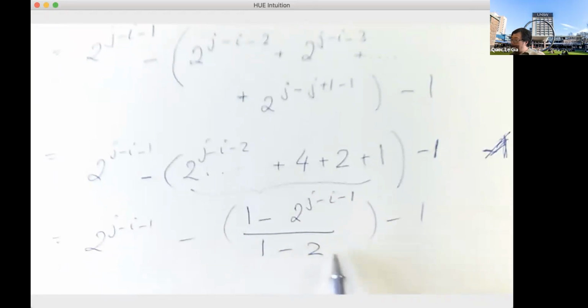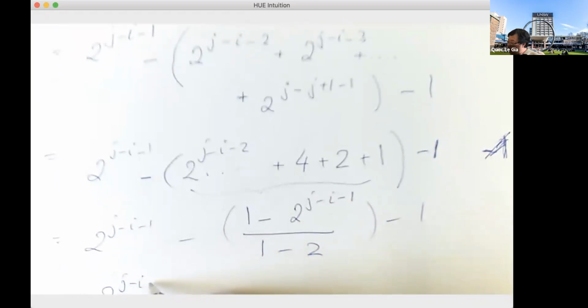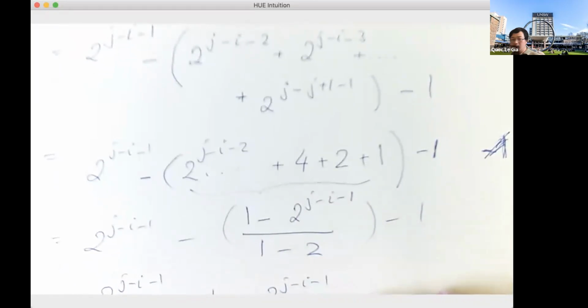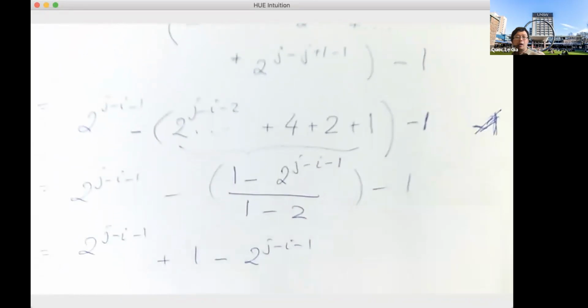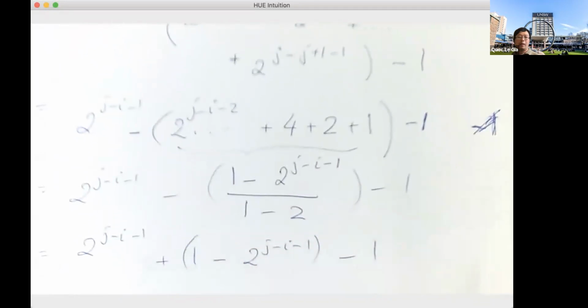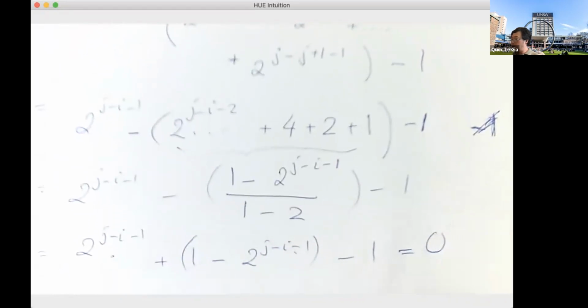So 1 minus 2 is -1. So -1 gets cancelled with this minus, so it becomes a plus. So then you have 2 to the J minus I minus 1 plus 1 minus 2 to the J minus I minus 1. And the last one is minus 1. You can see that this cancels this cancels this, so you have 0, eventually 0.